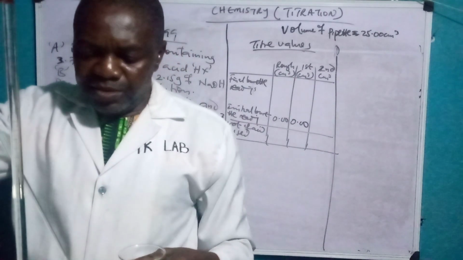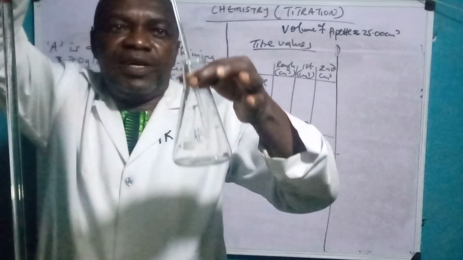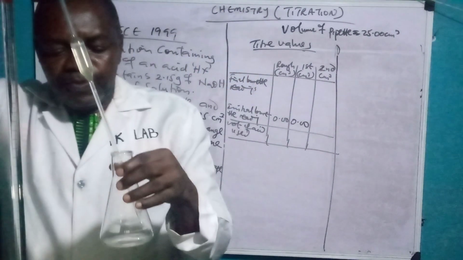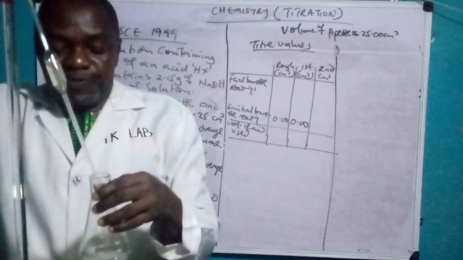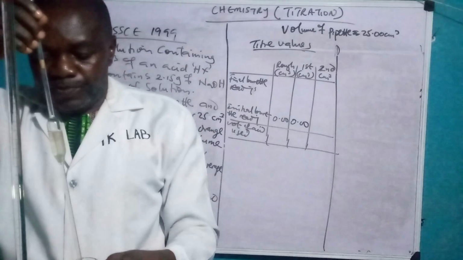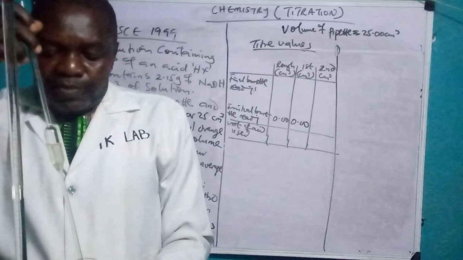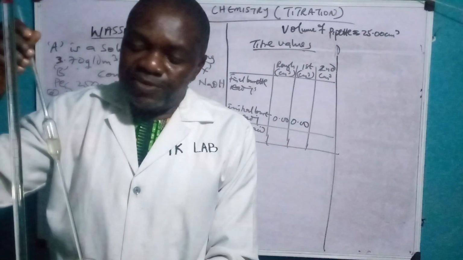So you release them into the conical flask. This is the conical flask and we are pouring them into it. Make sure you don't blow the last drop, as I told you in the other video. If you know what you are doing, titration shouldn't give you that stress.